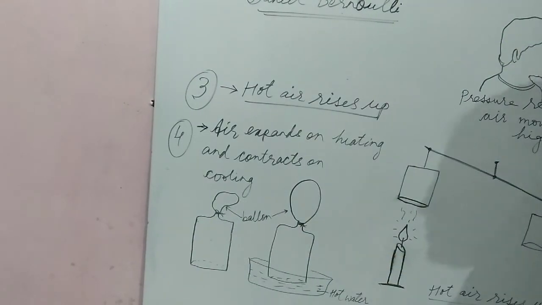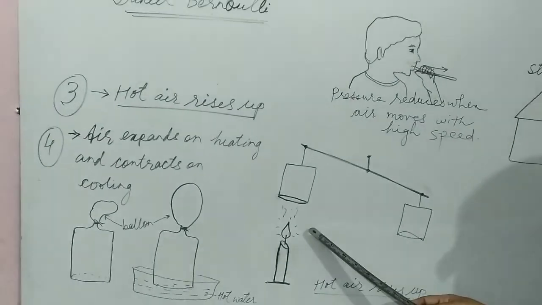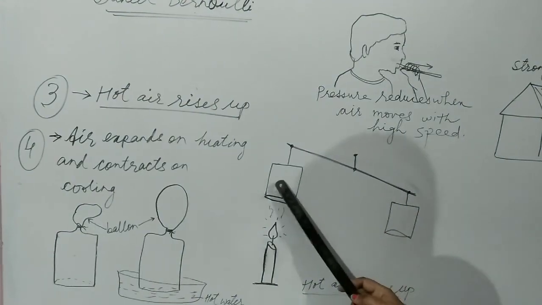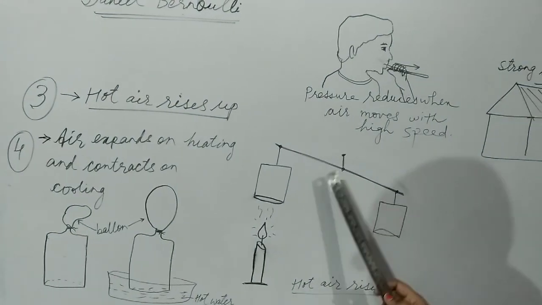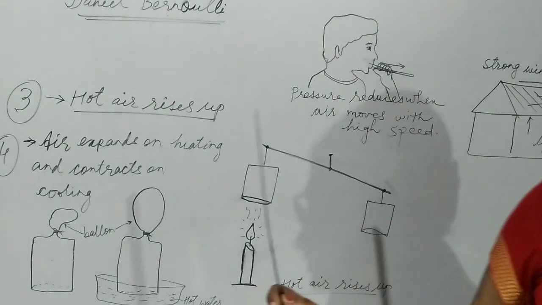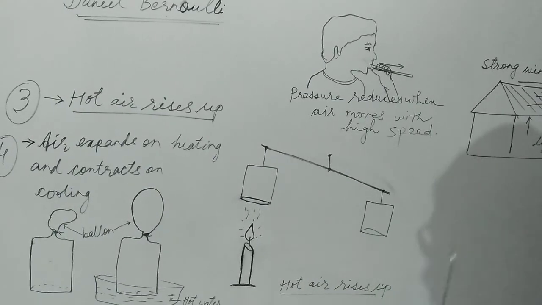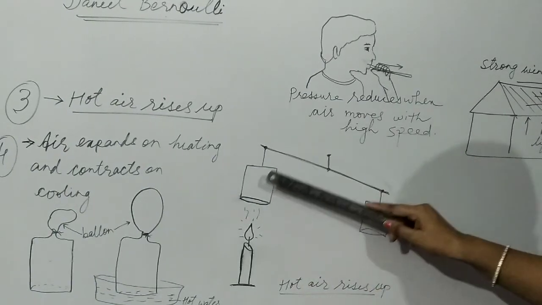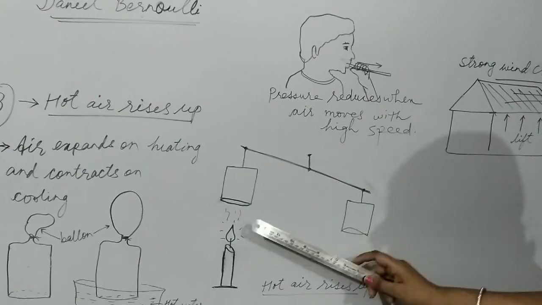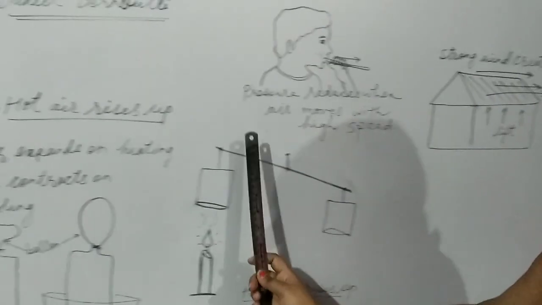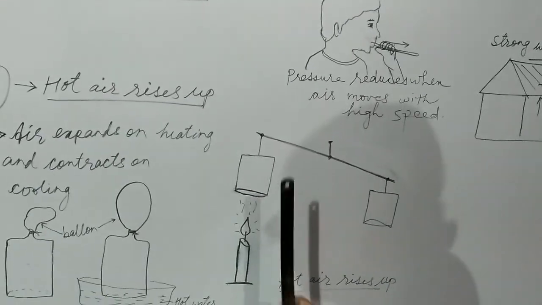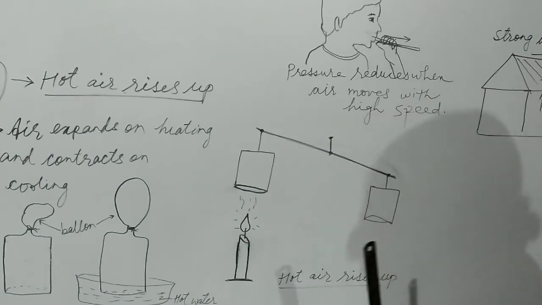Now let's discuss the next activity. Here you can see the picture also. First of all, take two paper bags made of thick paper. Two paper bags in this picture are hanging from a stick, and just below one of the paper bags you keep a burning candle.